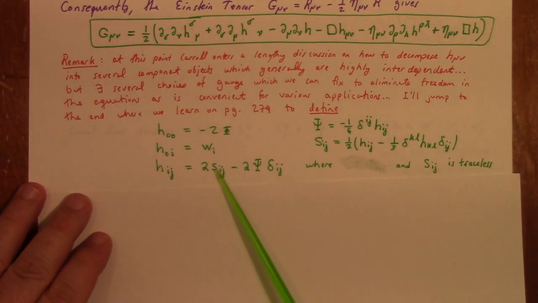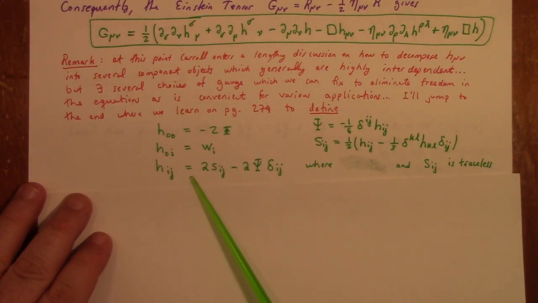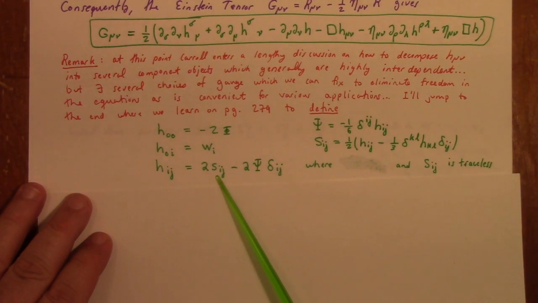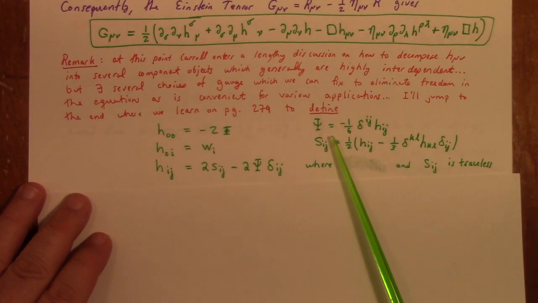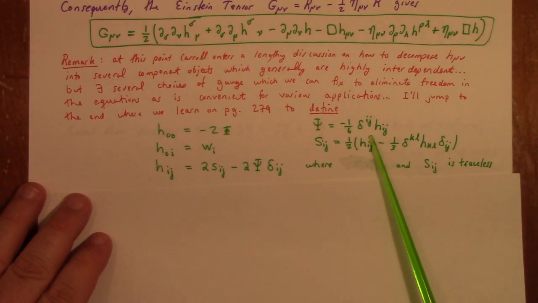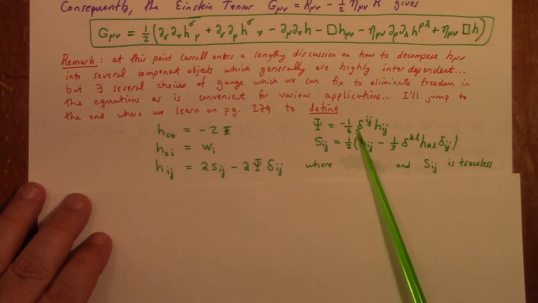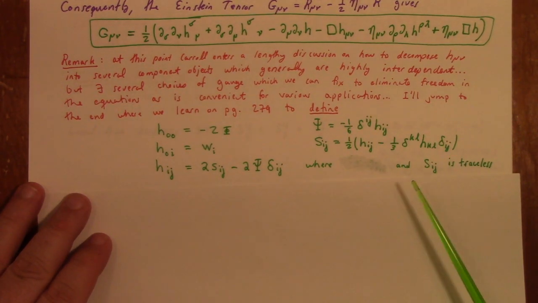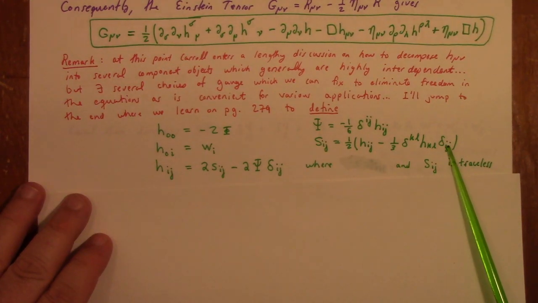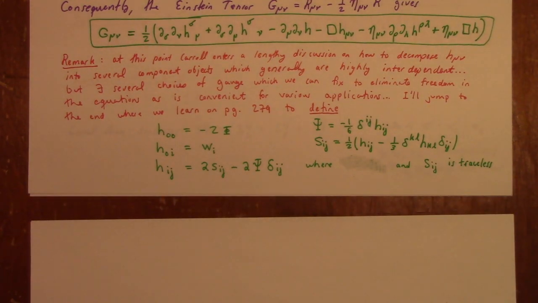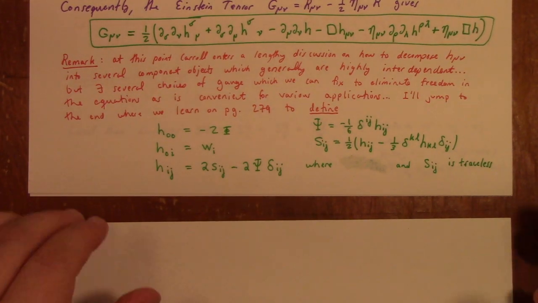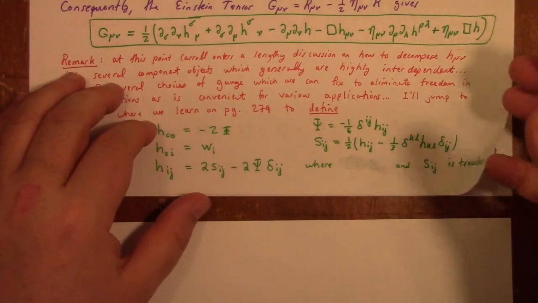H0i is this vector wi, and Hij is twice the strain tensor, the traceless strain tensor, minus 2 times another scalar field called psi, delta ij, where psi is defined to be a sort of trace of the perturbation in the spatial sense, weighted by minus 1/6, and the Sij is this traceless so-called strain tensor. All right, so these are just notations to sort through the details here in the H.